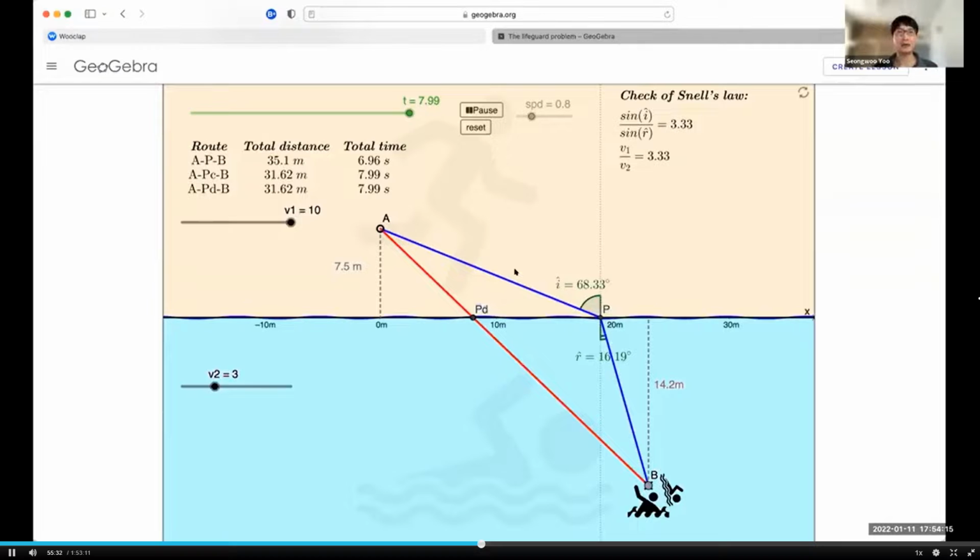Therefore, we now have this conclusion. When light travels across 2 different media with different refractive indices, the light must bend its direction to satisfy Fermat's principle, okay? So that will give you the least time path, all right? Now, with this, I'm going back to the lecture note.